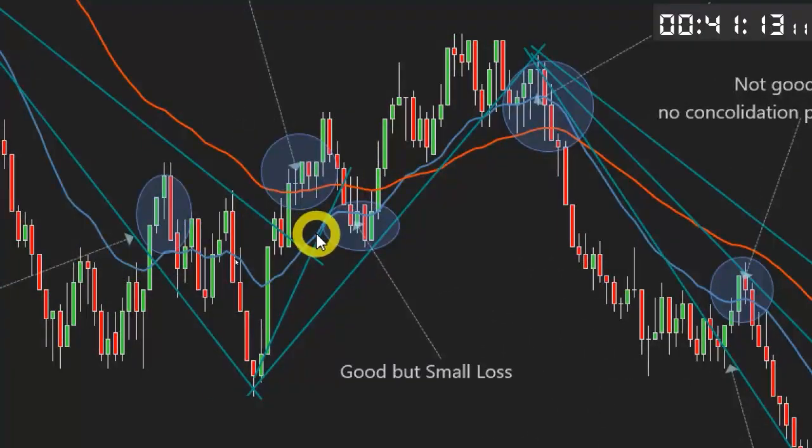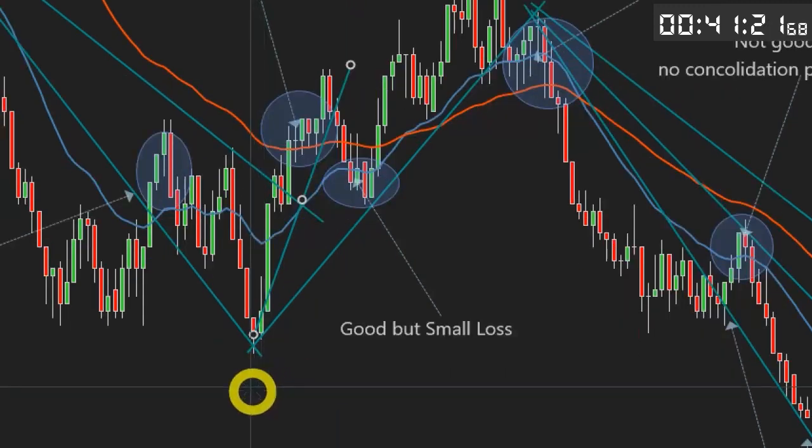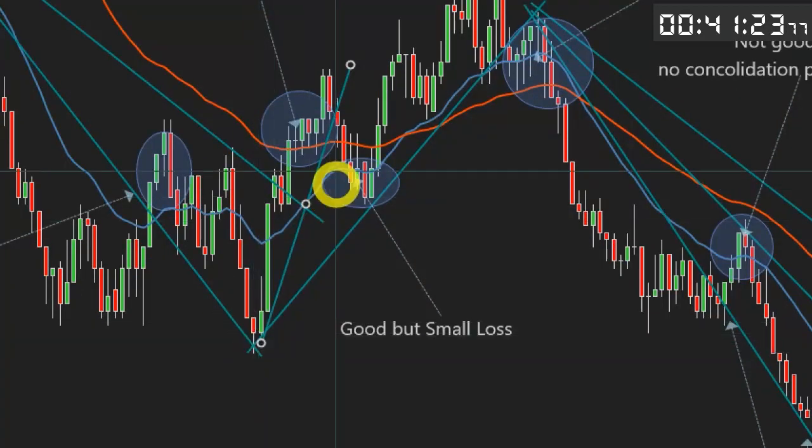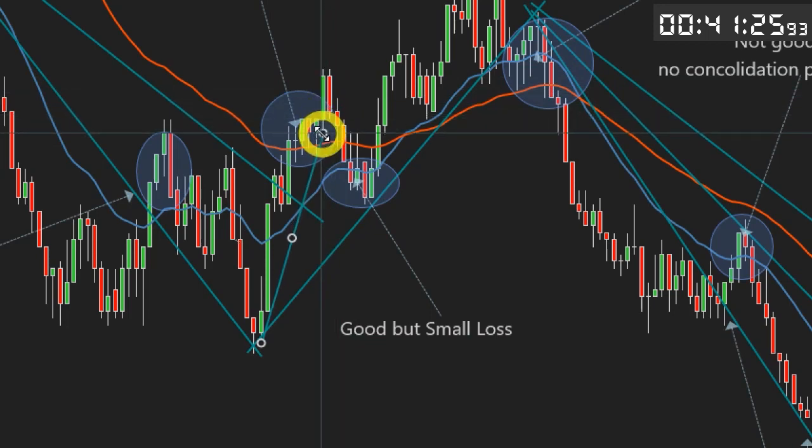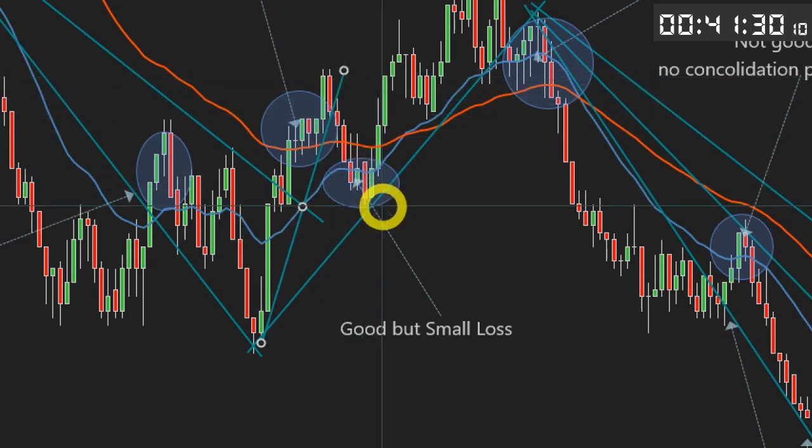So what we're looking at here is this trend line here going up. And price breaks that trend line, wherever you want to put it. There's different ways of putting it. The highest peak here, it breaks and it starts to close below both moving averages.